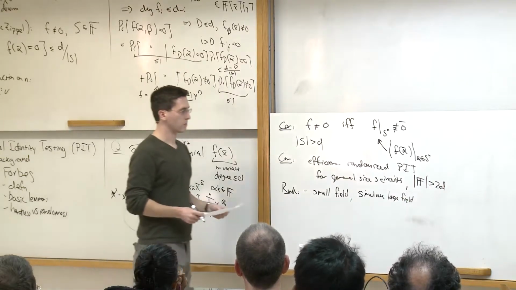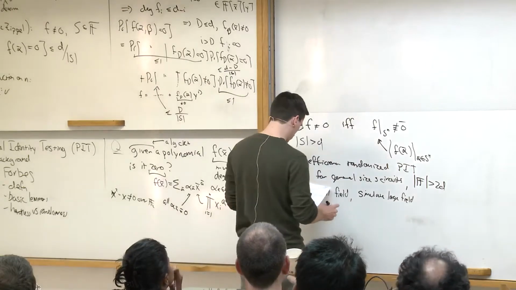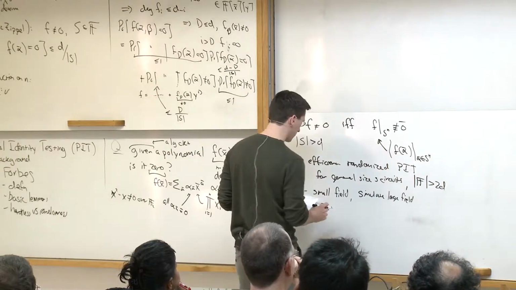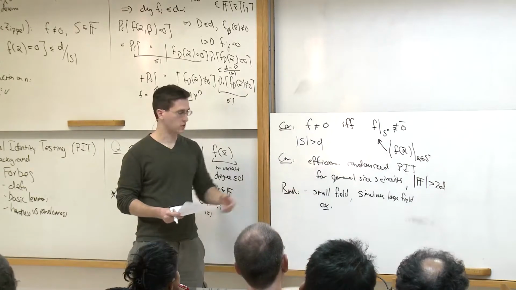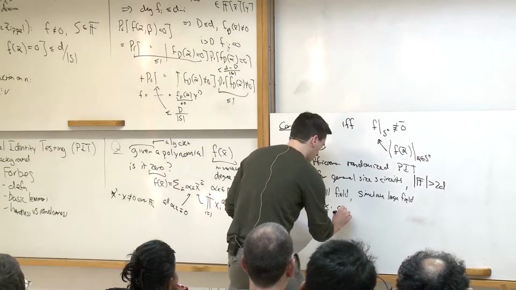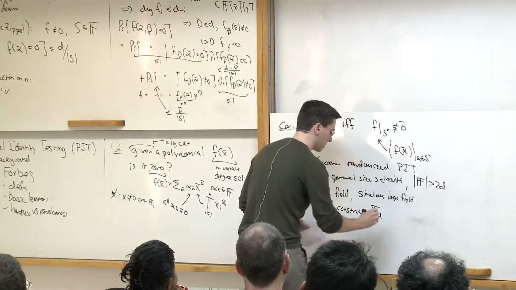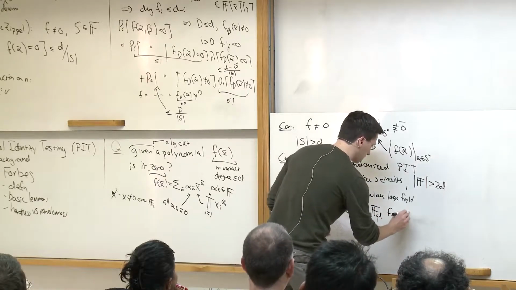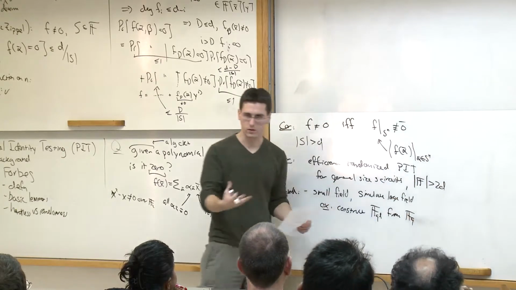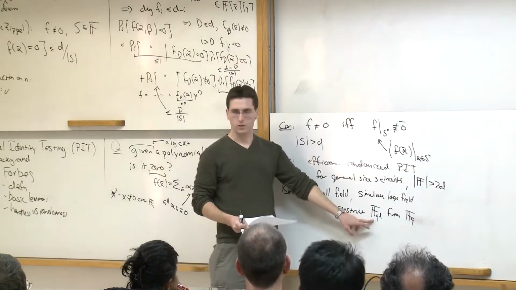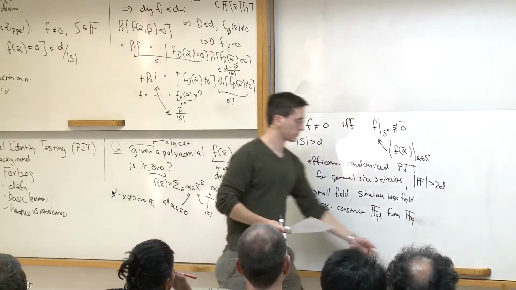But the exercise here to make this all work is, how do you actually simulate a large field? You can construct, say, F_q to the L. So suppose that you have F_q, the field that you're working over. You want to work with a larger field.